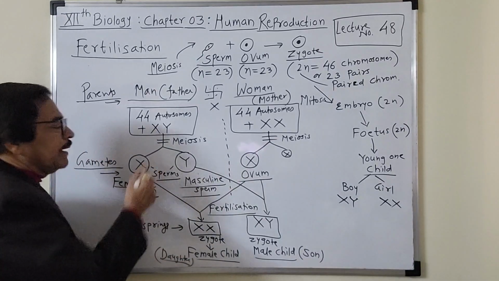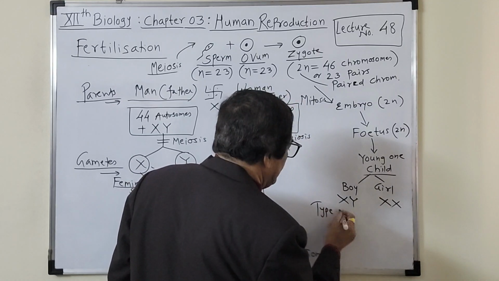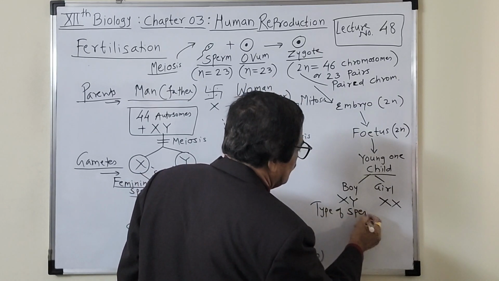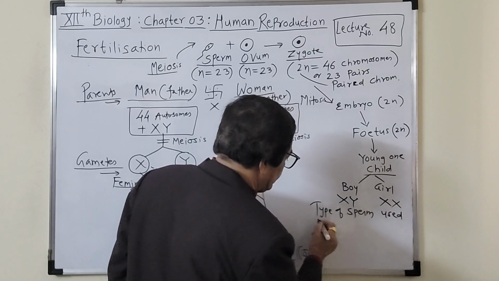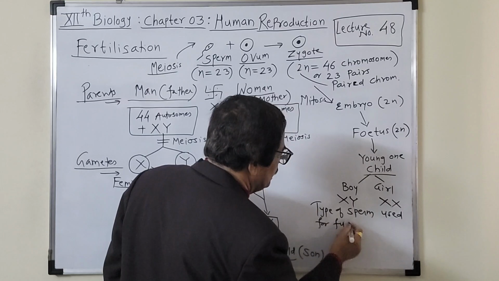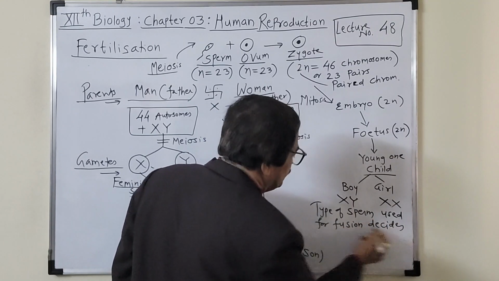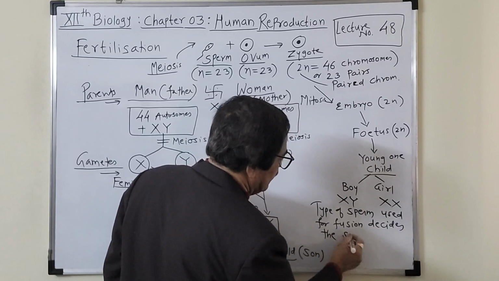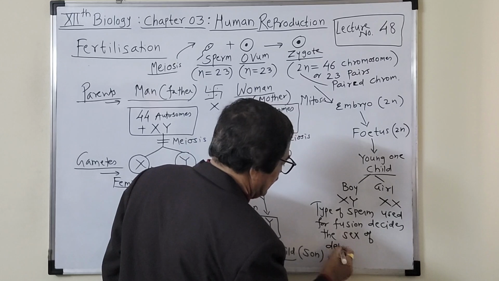That is decided by the type of the sperm, okay। Ultimately I will say the type of sperm used for fertilization, used for fusion, decides the sex of the developing child.